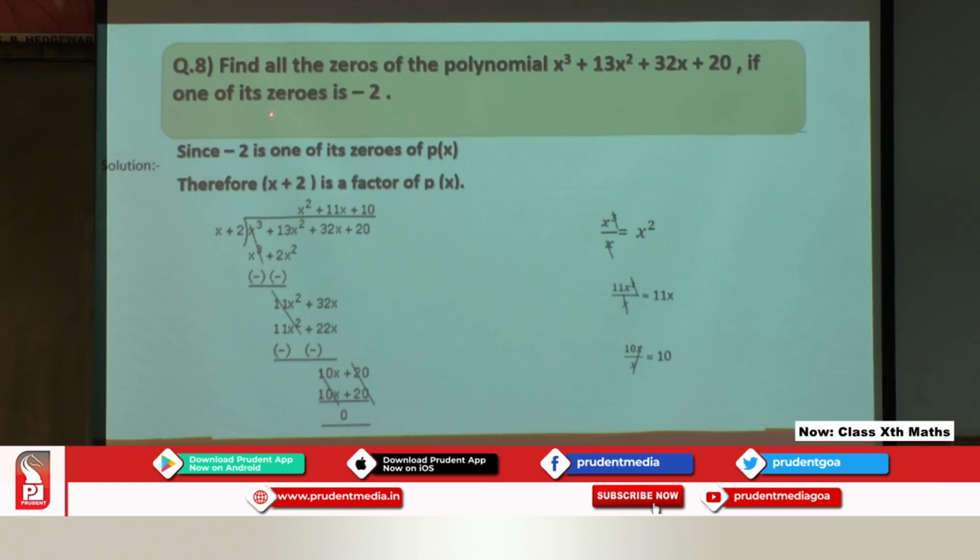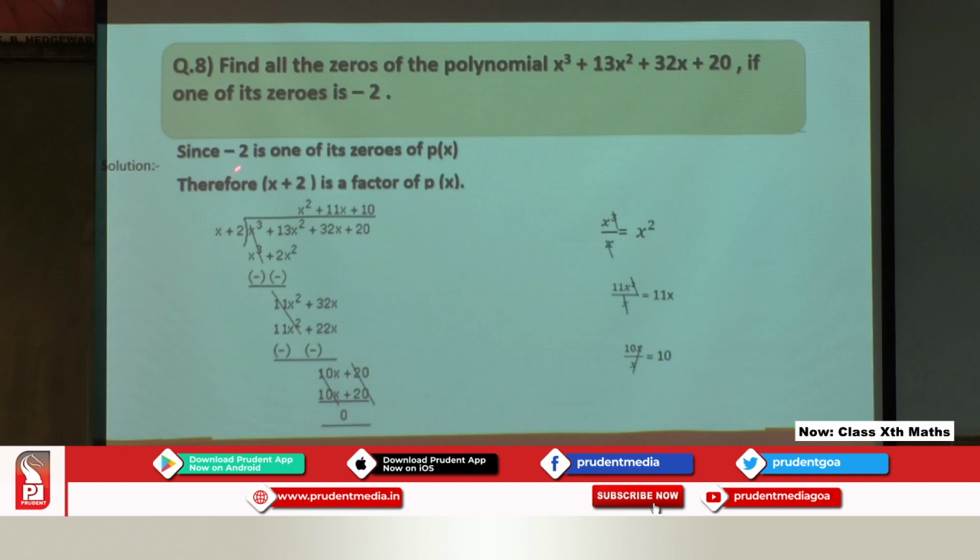We have to find the other zeros, so let us see how to solve this. Since minus 2 is one of the zeros of the polynomial p of x, therefore x plus 2 is a factor of p of x.